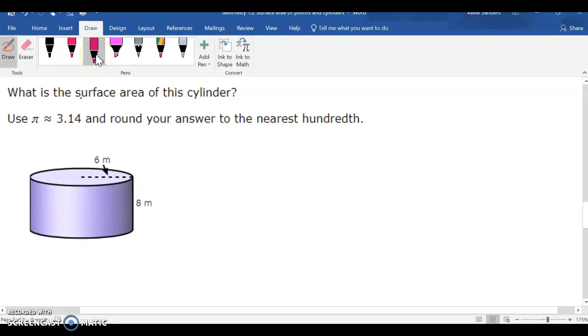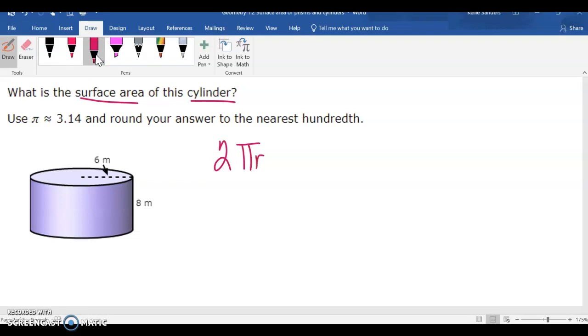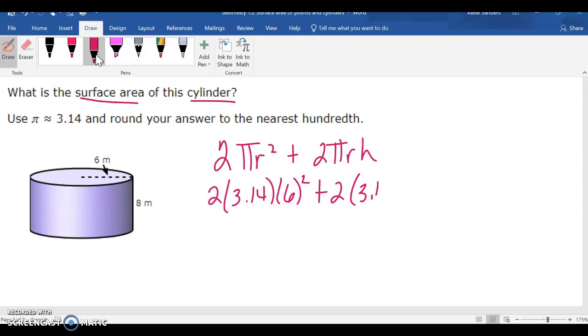Remember what the formula is for a cylinder? 2 pi r squared, because of the two bases, plus 2 pi r h. It's really almost the same thing. 2 pi r is in both of them: 2 pi r squared, and then 2 pi r h. 2 times 3.14, your radius is 6, and your height is 8.